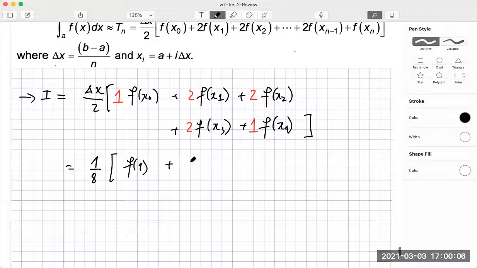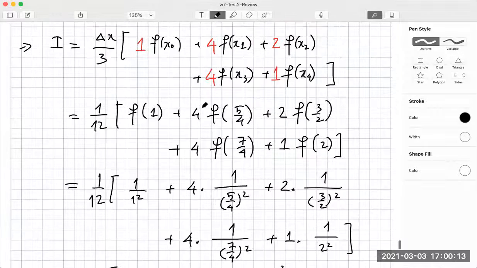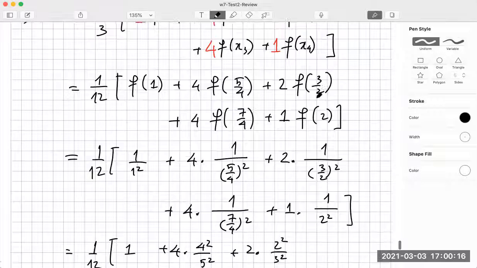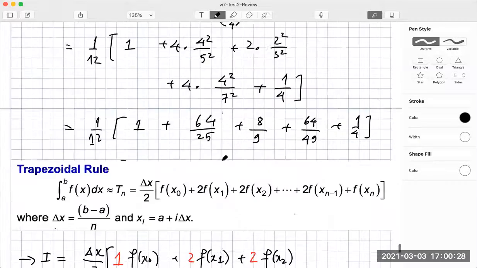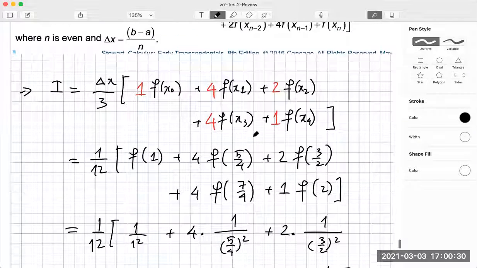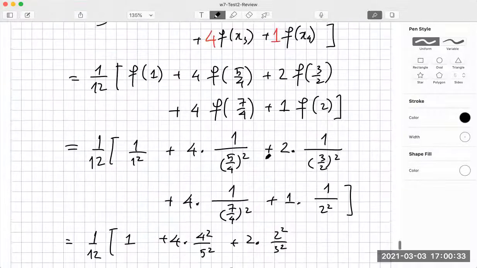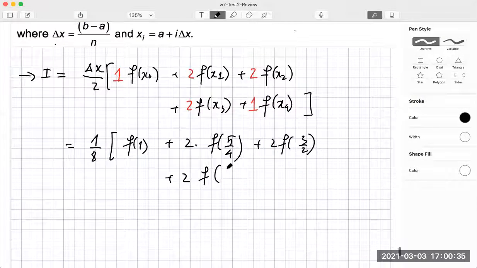It is f of 1 plus 2 times f of 5/4, right? 5/4 and 3/2 plus 2 f of 7/4 plus 1 f of 2.